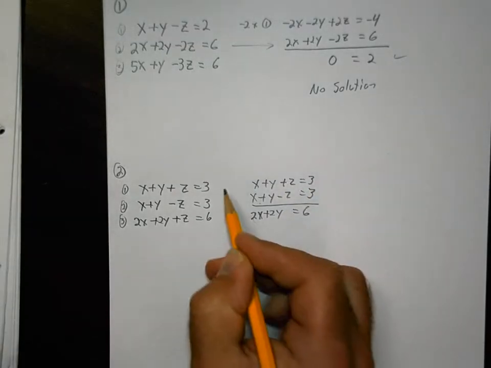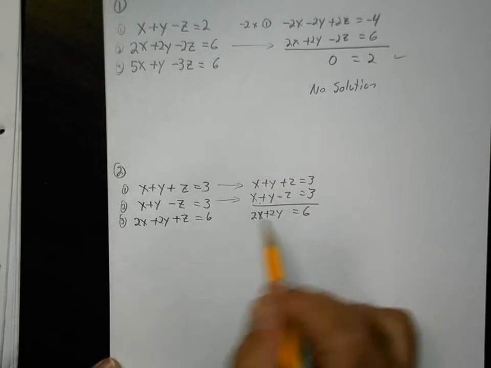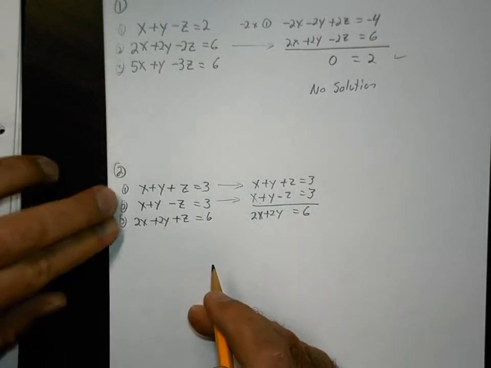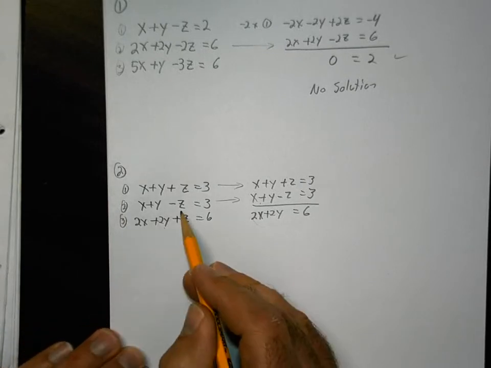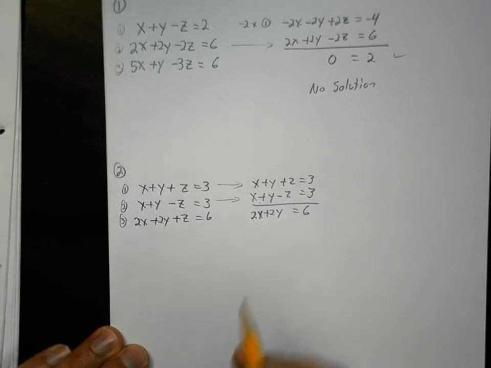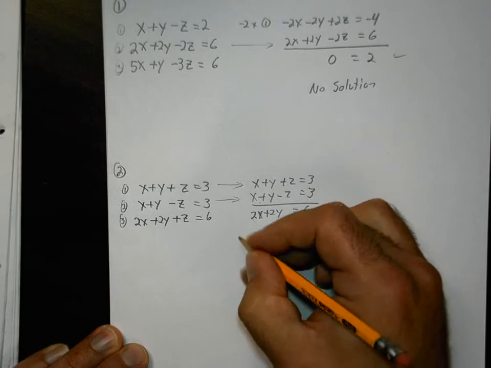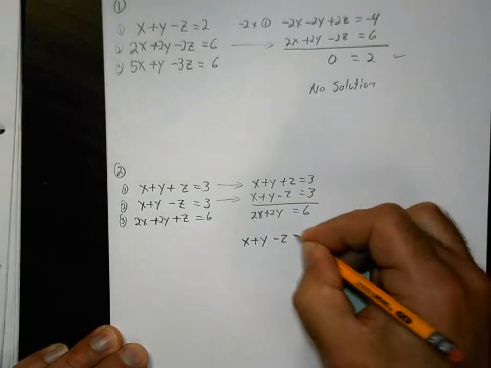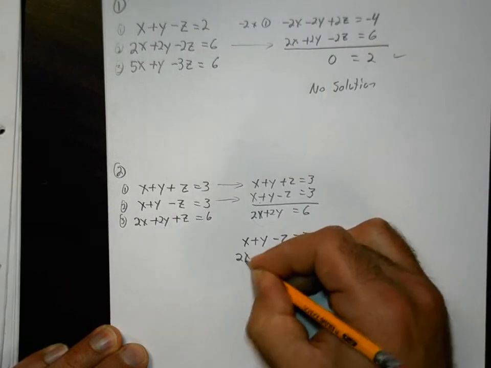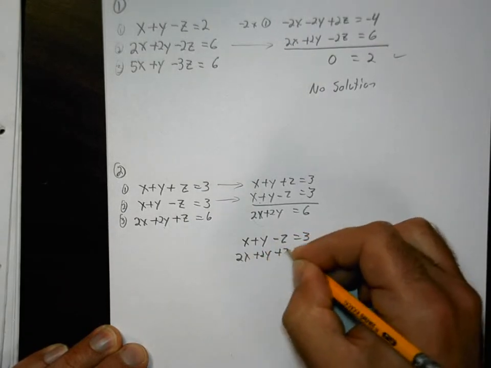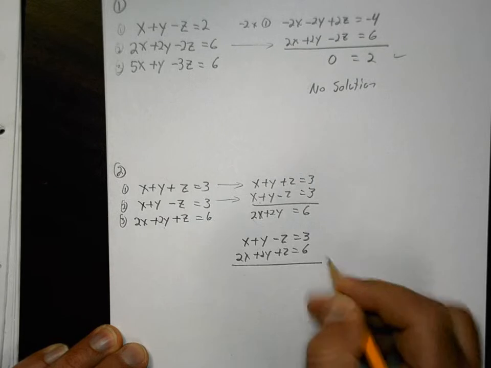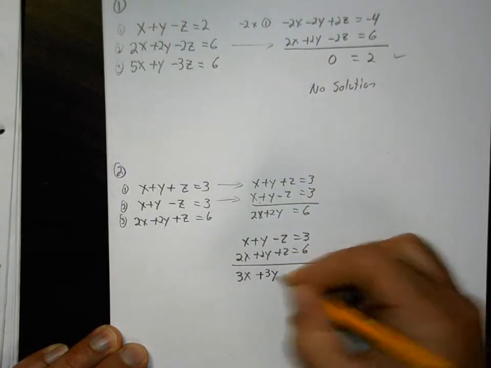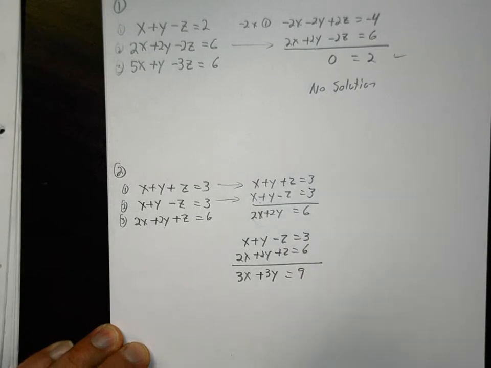Now, following my steps, I need to use equation 3 and eliminate z's. So I could take equations 2 and 3 and add them together directly and eliminate z's. So I get 3x plus 3y equals 9.